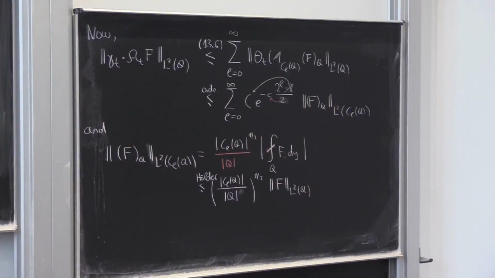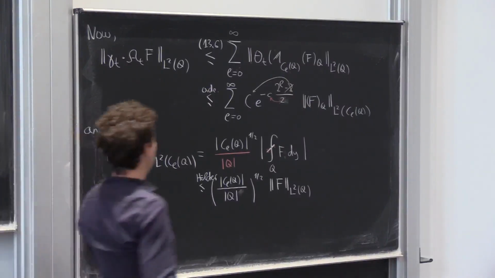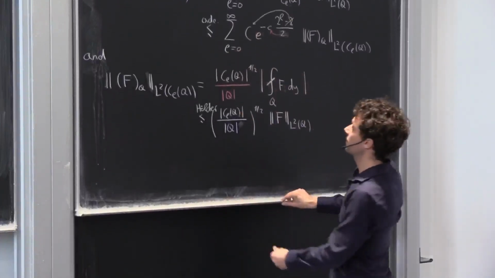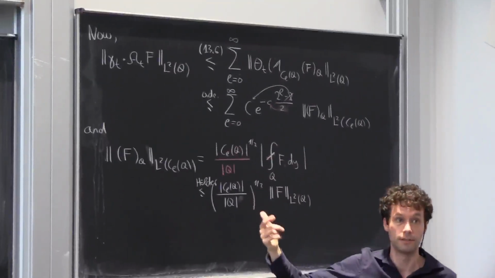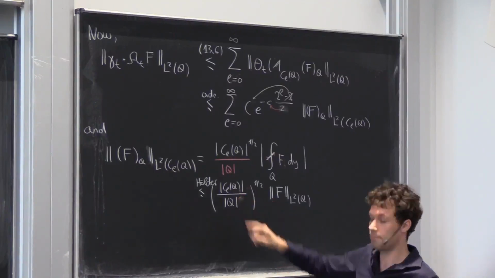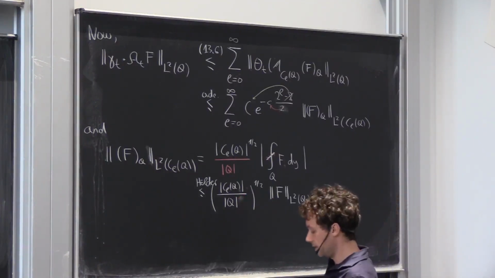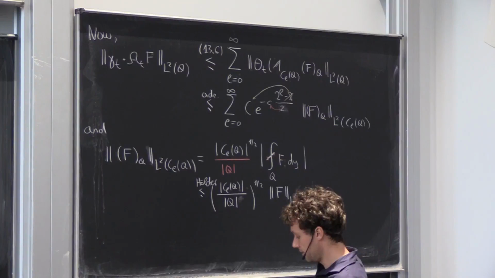Okay, and so now you have to wonder how large is this measure? Well, the measure of CLQ is smaller than the measure of Q blown up by a factor of 2 to the L plus 1. So that blows up the measure by 2 to the L plus 1 times n.